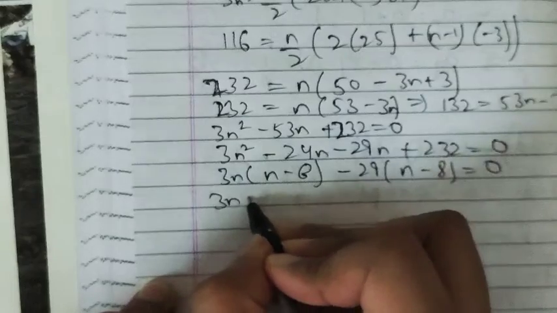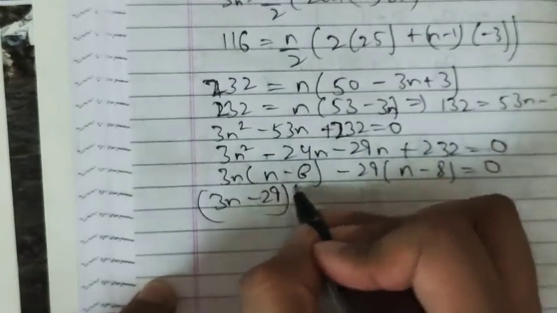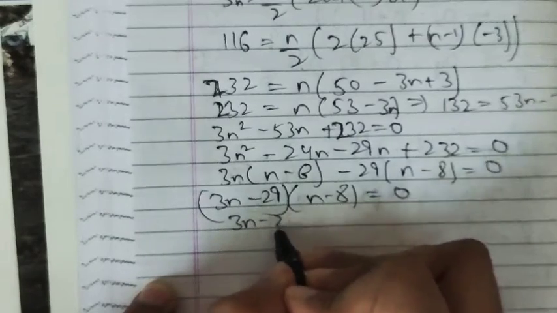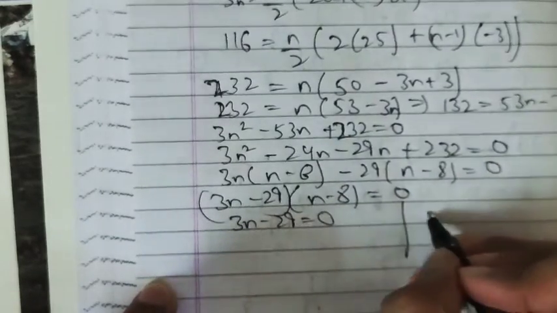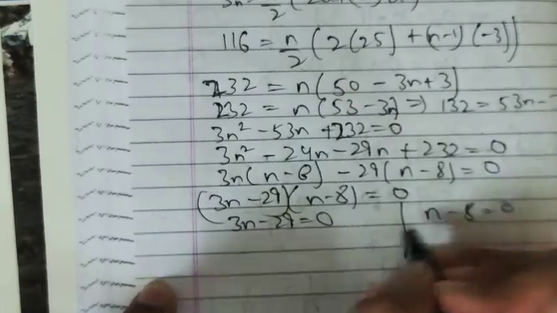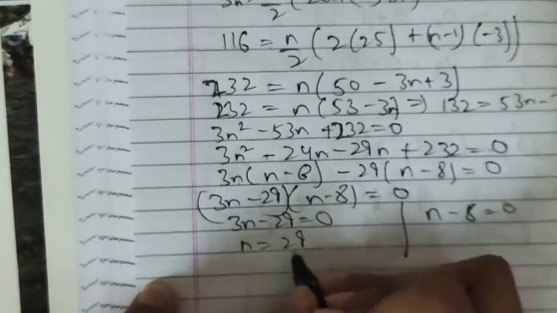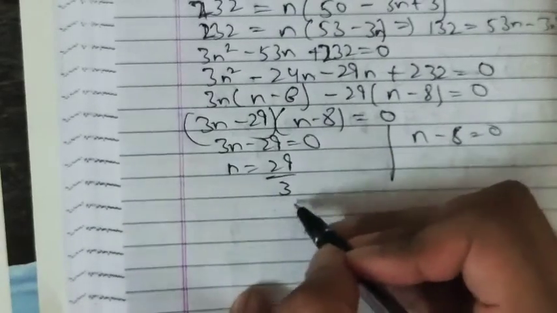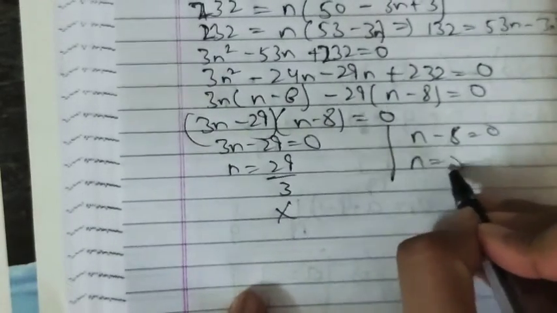So (3n - 29) and (n - 8) is equal to 0. 3n minus 29 is equal to 0 and n minus 8 is equal to 0. So n is equal to 29 upon 3, which is not possible as n is a fraction here. So not possible. So n is equal to 8.